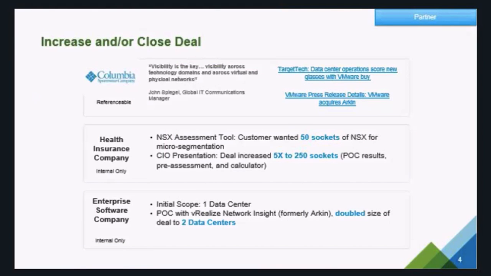With vRNI, we're here to increase and/or close deals with NSX. Columbia Sportswear is a great reference for us. They are using NSX along with vRNI. A health insurance company, before the assessment, was looking for 50 CPUs of NSX.